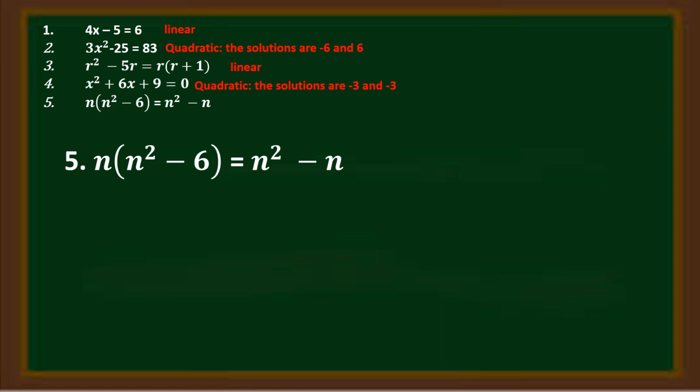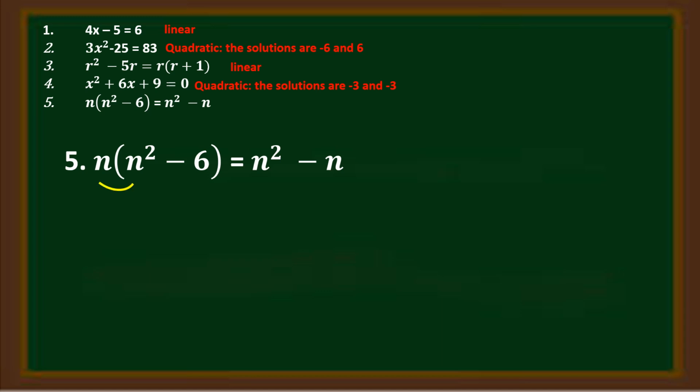Next, we'll be determining whether the equation n times the quantity n squared minus 6 equals n squared minus n is a quadratic equation or not. To do this, we have to remove the grouping symbol by multiplying the binomial inside it by the monomial outside.